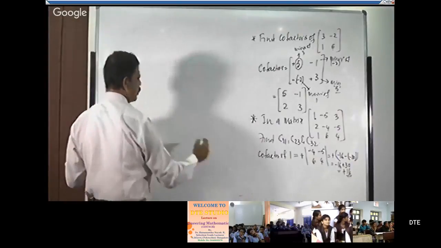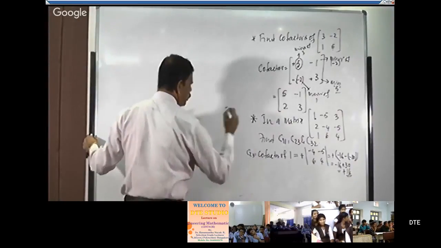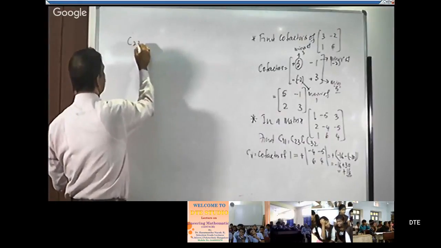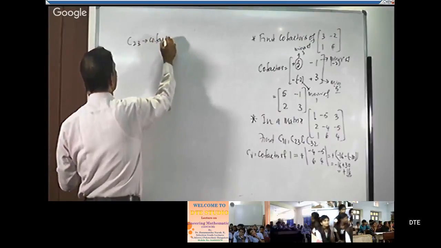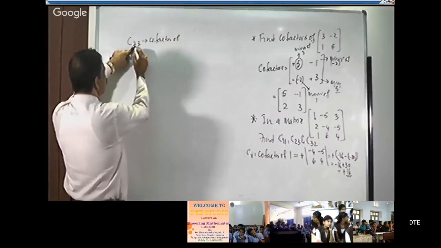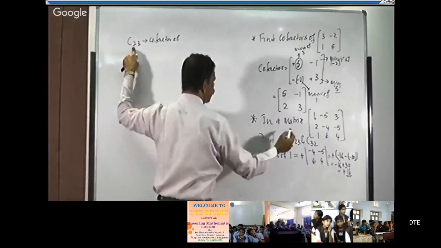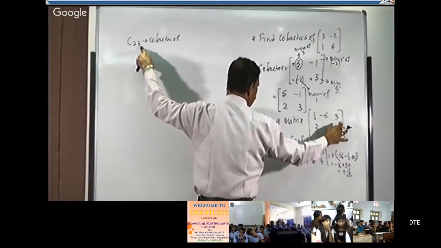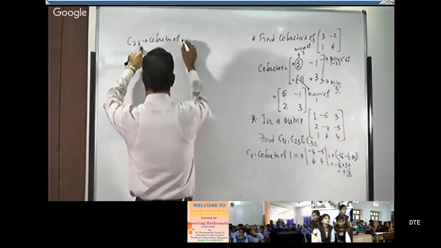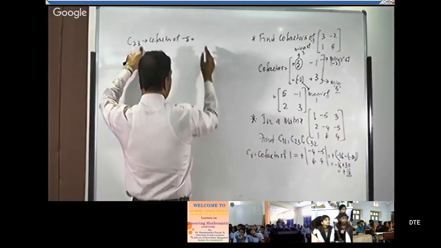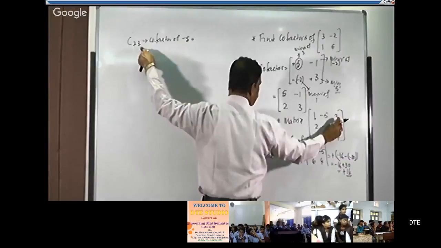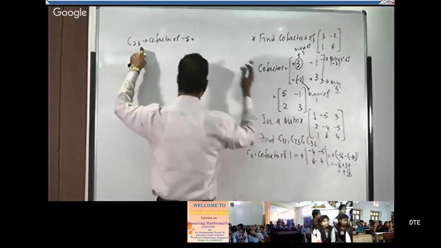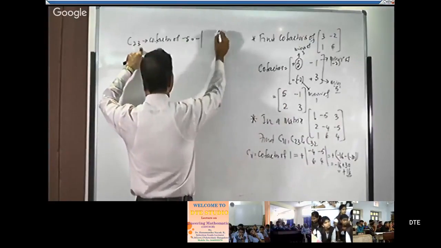Next, the cofactor C23. This is the cofactor of the element which lies in the second row, third column. This is the second row, and the third column. Therefore, we have to write the cofactor of minus 5. For this particular position, the standard sign is minus, so write minus first, then write the minor.